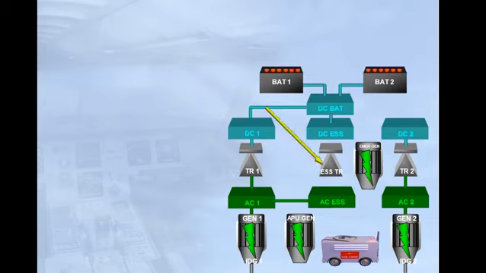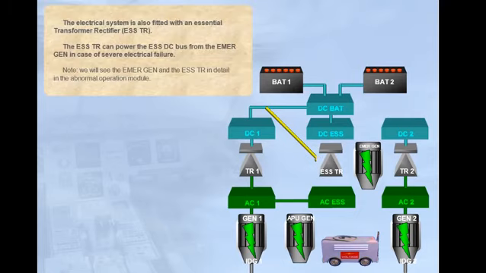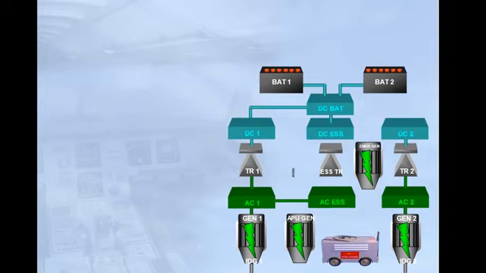The essential TR can power the essential DC bus from the emergency generator in case of severe electrical failure. Note, we will see the emergency generator and the essential TR in detail in the abnormal operation module. Finally, a static inverter allows part of the AC electrical network to be supplied from BAT 1.